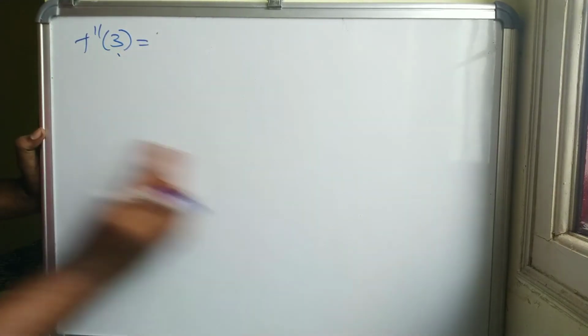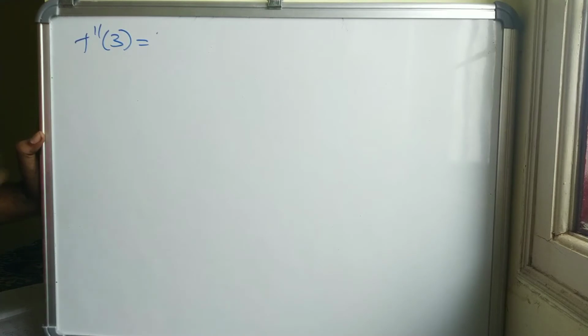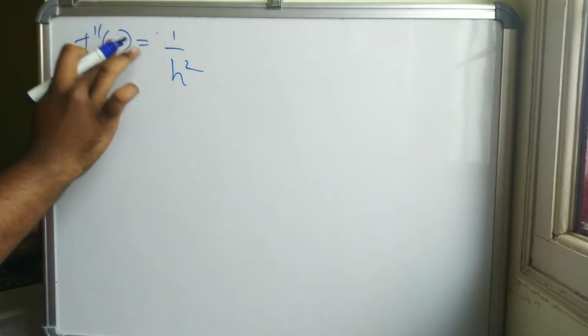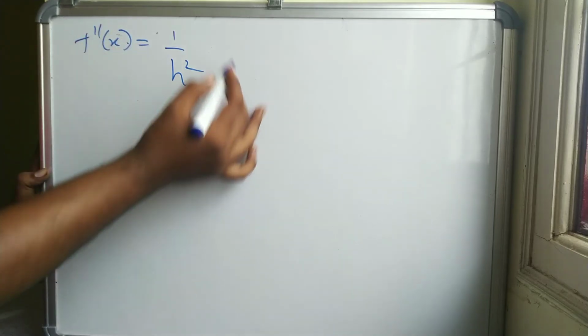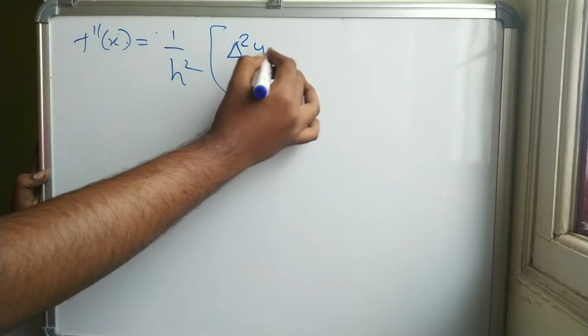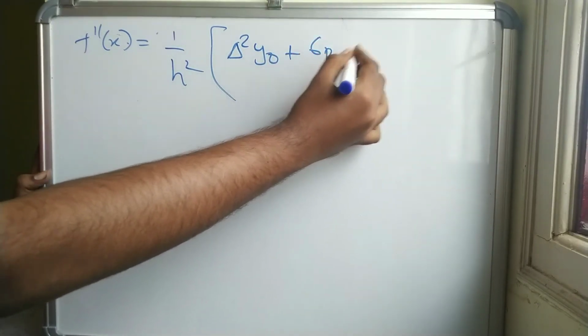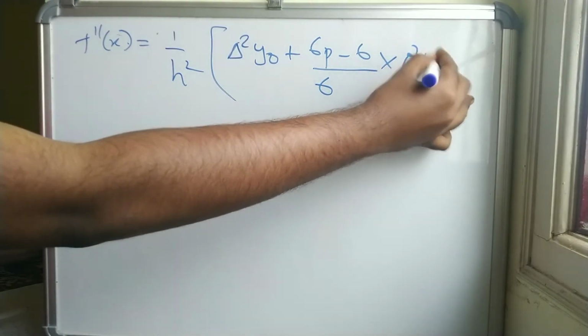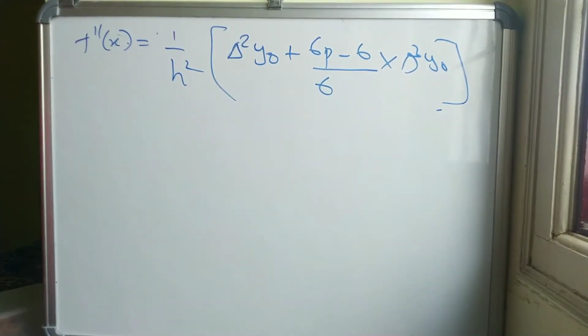Okay, we have to just substitute these values and find the answer. So f double dash 3 will be 1 by h square. I'll write the formula first: f double dash x is equal to 1 by h square into delta square y0 plus 6p minus 6 by 6 into delta cube y0. Delta power 4 y0 we don't need to write since it is 0. Now h we know, that is 2.